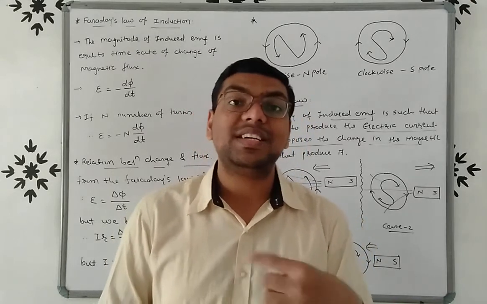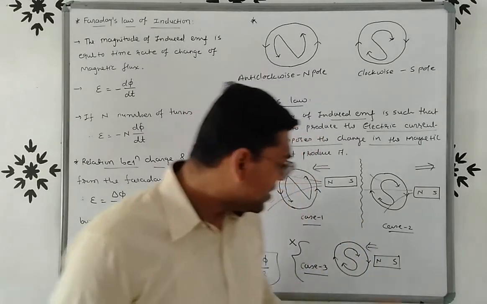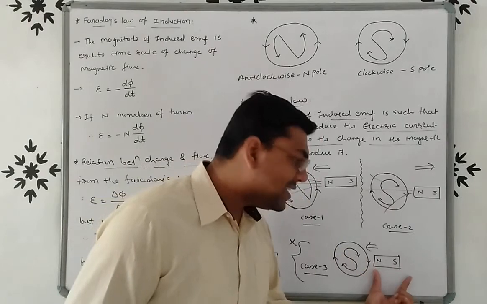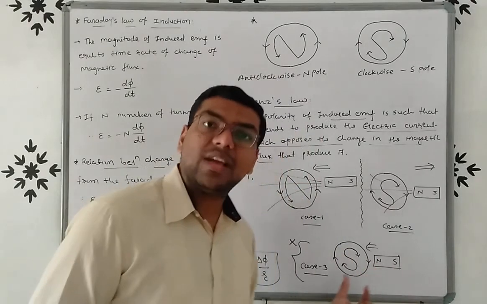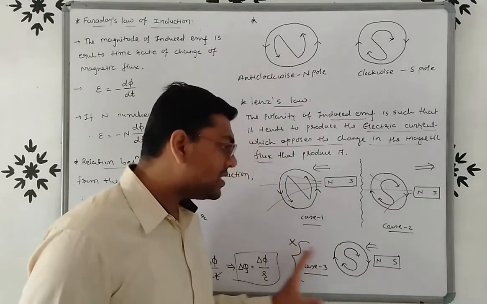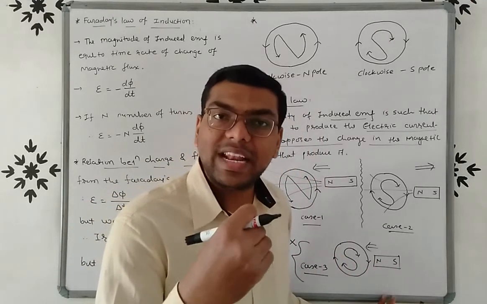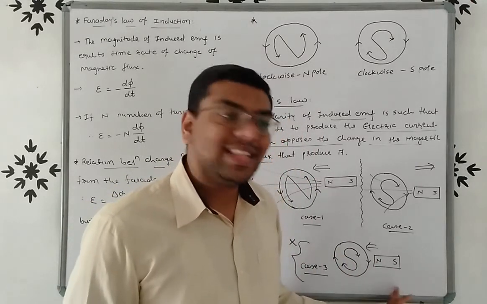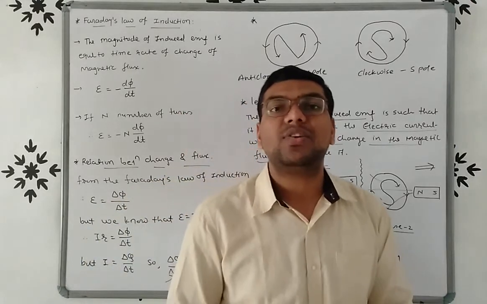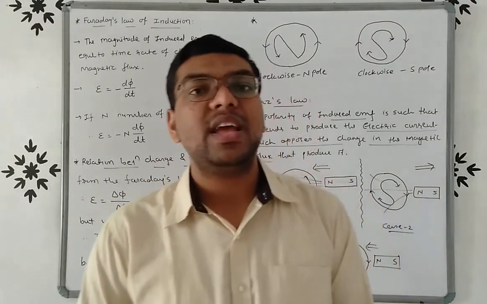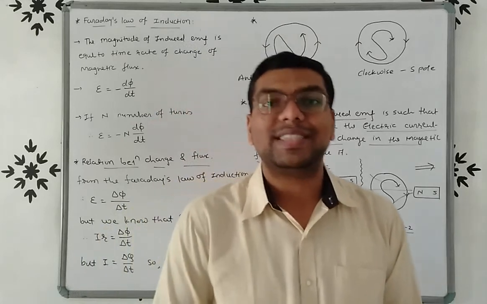It cannot be generated or destroyed. So when you move this magnet near to the coil, this case is not possible, because without any input you get kinetic energy. That is not possible. It violates the law of conservation.